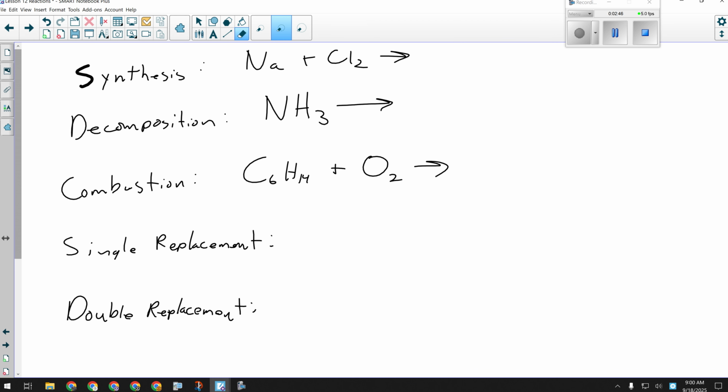In a single replacement reaction, we always start with an element and an ionic compound. And in a double replacement reaction, we always start with 2 ionic compounds.